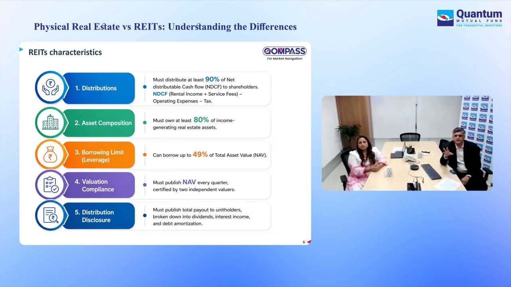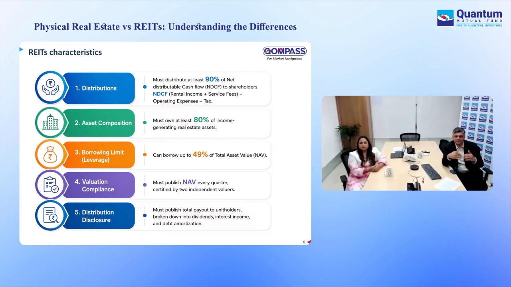So what is distributable cash flow? Rental income plus services. So when you let out a property, what typically happens is you take rent, and you also take some service charges. You give them common area, you give them pantry, you give them car parking or car pickup and drop service, something of that sort. So those are service fees. You put together rental and service fees, and that is what the REIT investors typically enjoy.